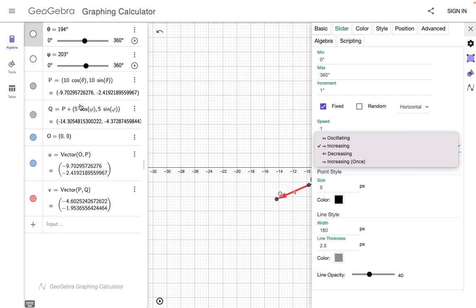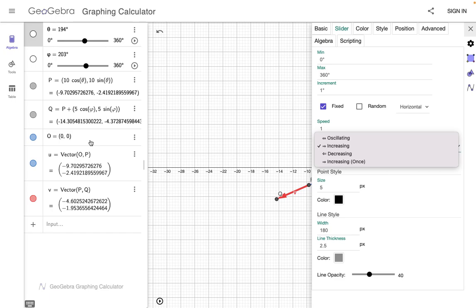Here point Q is moving relative to another moving point P. I guess you understand this concept, so do it yourself in the graphing calculator version of the GeoGebra application.